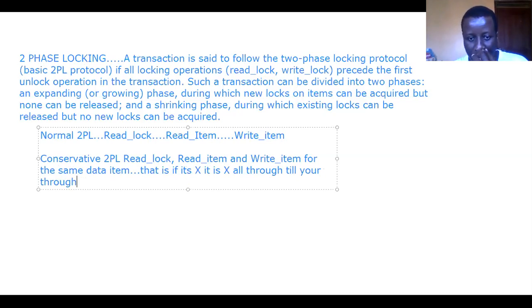Meaning that you have to acquire the locks in advance. If I want to read item Y or write item Y, I have to read lock, read item Y in advance. If I want item X, I'll have to read lock, read item X in advance.